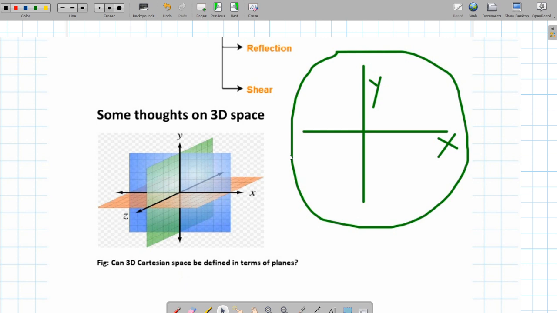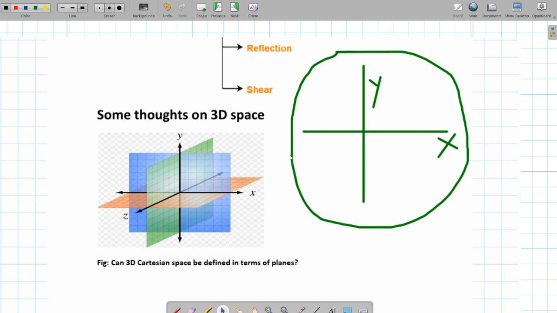If you take into consideration the x-axis and y-axis, then you have the xy plane, this vertical plane represented by the blue rectangle. You can see that this blue rectangular plane is defined by the horizontal x-axis and vertical y-axis.